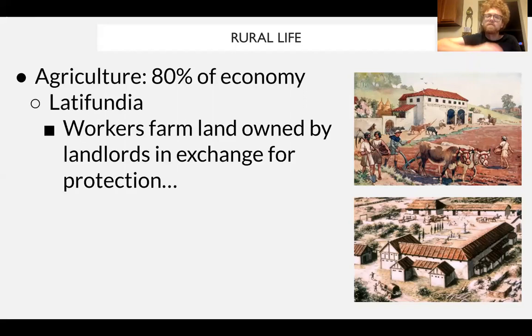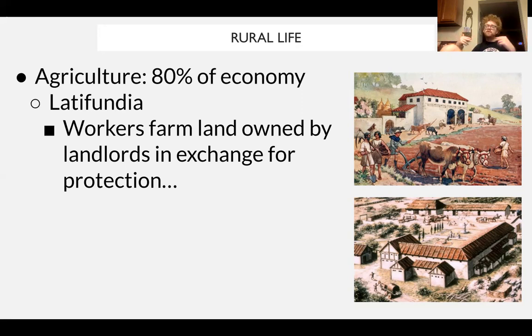Well, we have to talk about the latifundia again. Because remember that these Roman elites, these patrician elites, who get their titles, who get their privileges through birth, through their family, they own really big plots of land, especially outside of the cities, further and further away from urban centers.